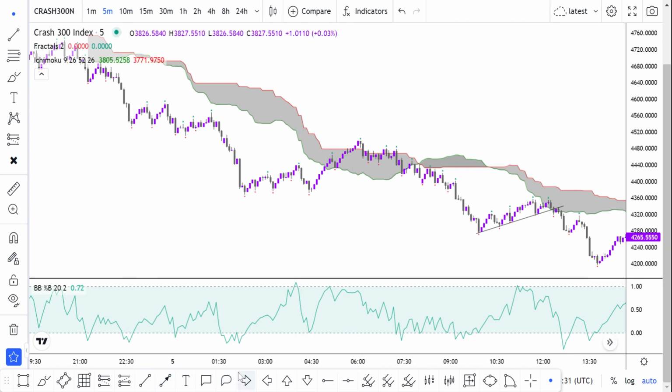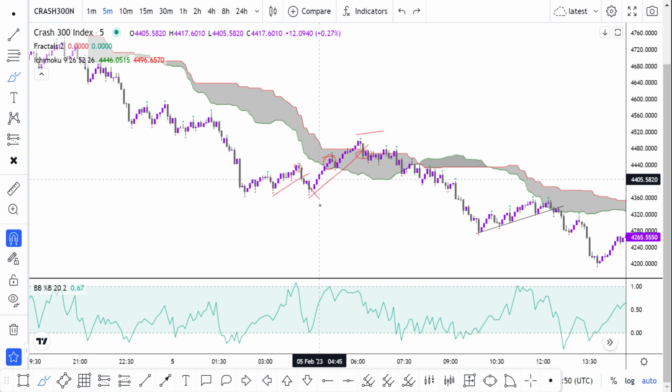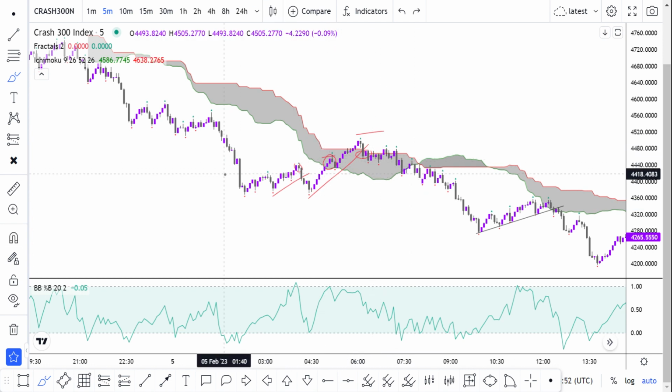The first one was not so good, that is this particular one, but the second one was good. You have the breakout here, stop loss above. If you held for long, you would have been stopped out, all right, but this second one was pretty much good.